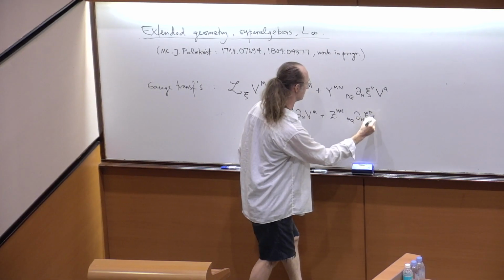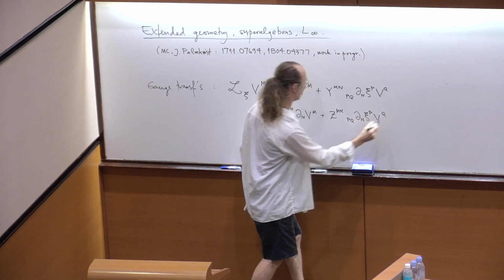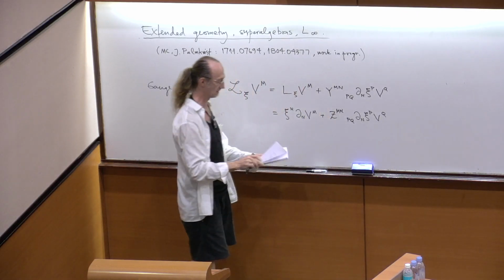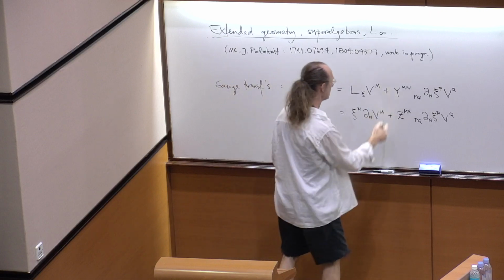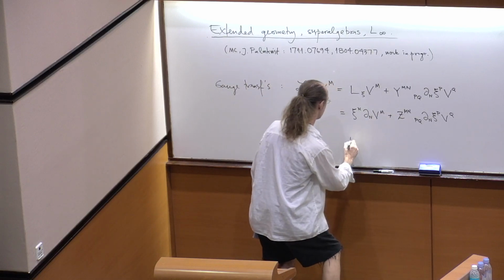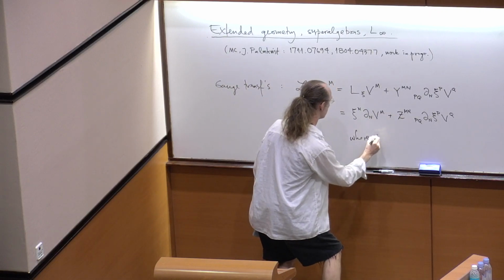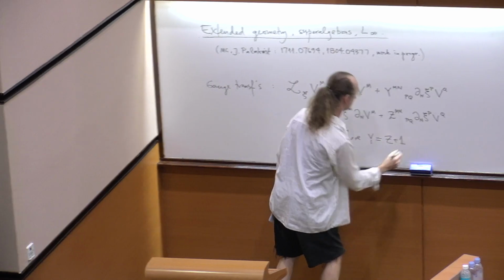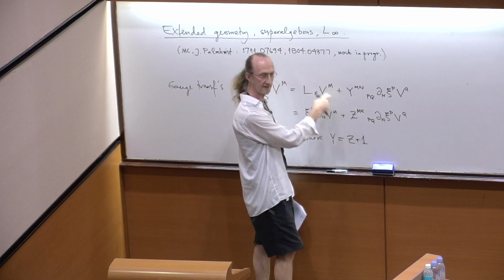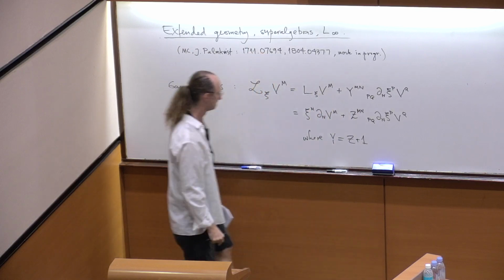Like this. Where, of course, there is an extremely simple relation between y and z. y is z plus delta delta, I mean the remaining term in the L.